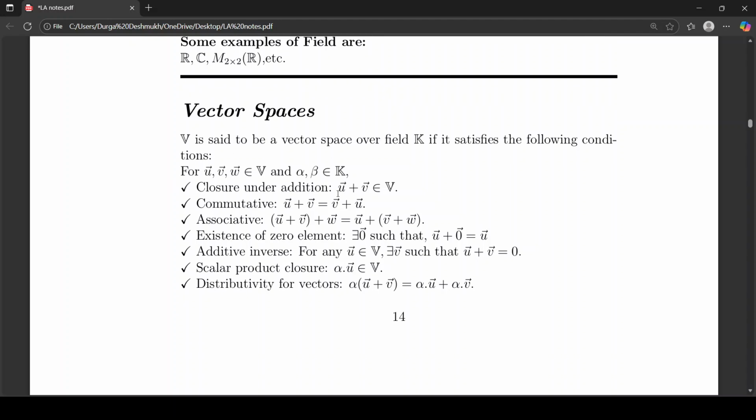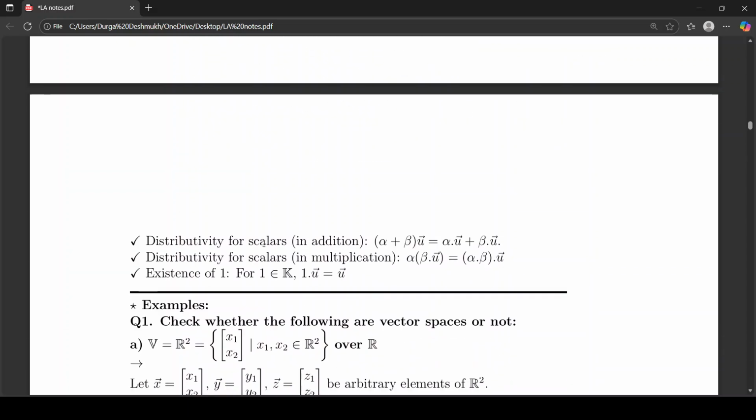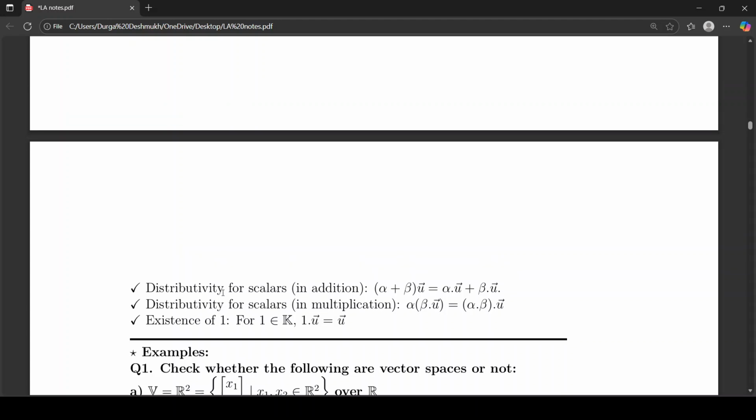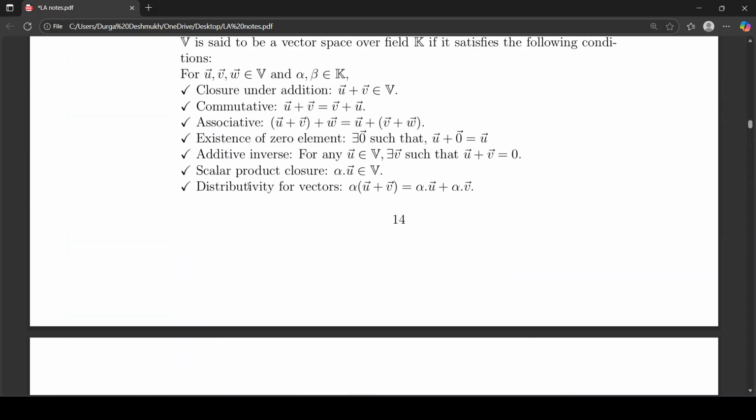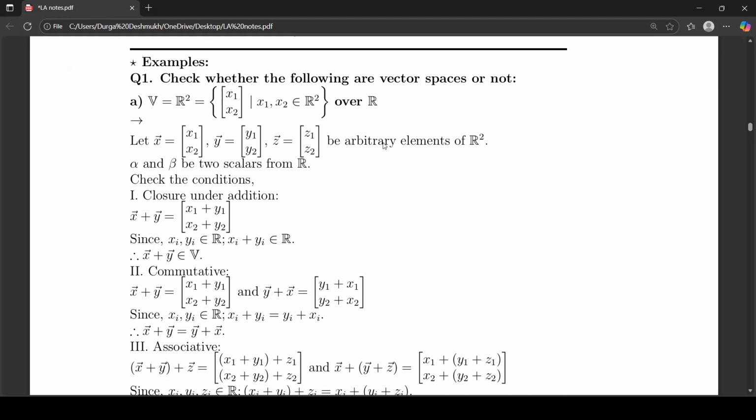First is closure under addition, then commutativity, associativity, then existence of zero element, additive inverse, scalar product closure, distributivity of vectors, and distributivity for scalars in addition and in multiplication, then existence of 1. So these 10 conditions should be satisfied. We can read them in detail. I will move further and explain them with the help of an example.